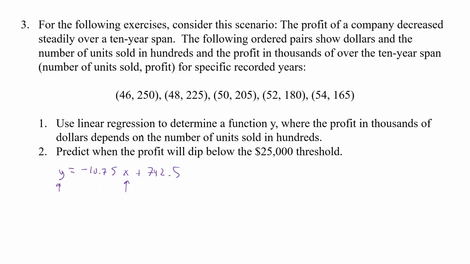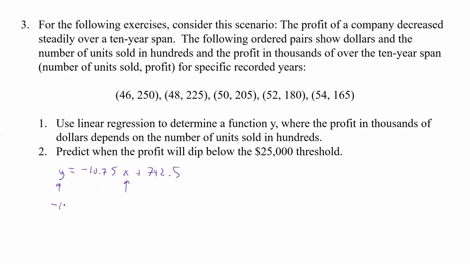Okay, so we've got our equation, and now we're supposed to predict when the profit will dip below the $25,000 threshold. So what we have to do is plug the 25,000 into our equation. Now remember, we've changed it from hundreds and thousands to just basically the units, so we have to convert the 25,000 into what we should have.